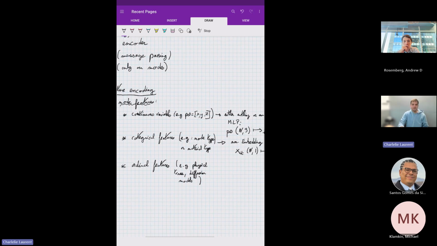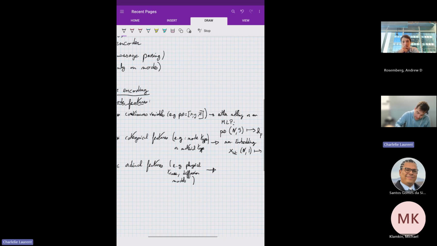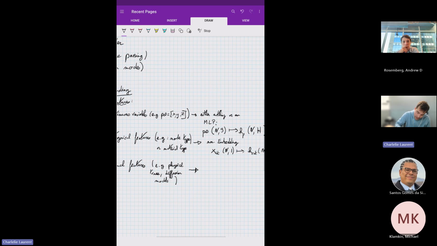And for this one, usually you will not pass it through an MLP. This doesn't work well usually. You cannot use a categorical embedding, right? You will use a positional embedding. The classical one would be a Gaussian Fourier embedding.